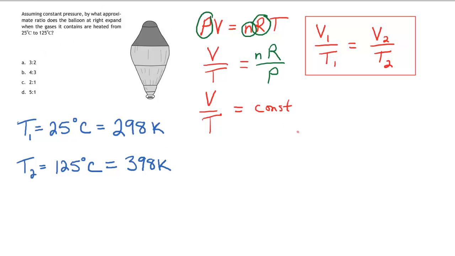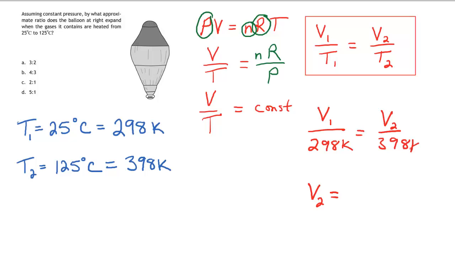So now we get a ratio that looks like this. V1 over 298 equals V2 over 398. A little bit of cross multiplying because we want to see what the new volume is, what it expands to. So I'm going to solve it for V2.